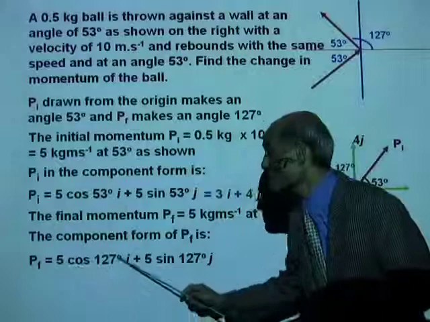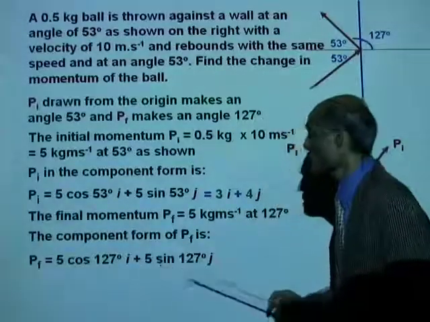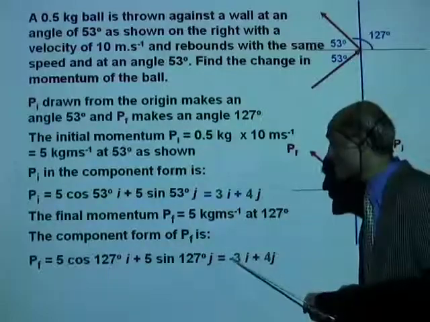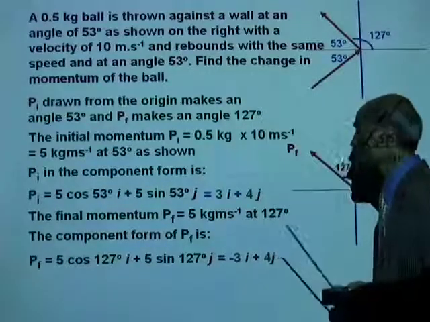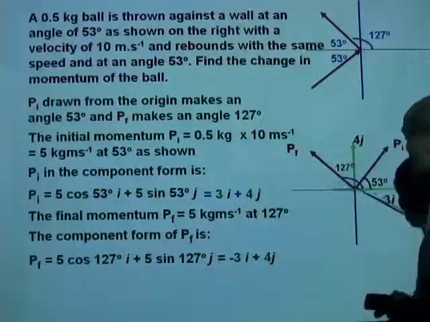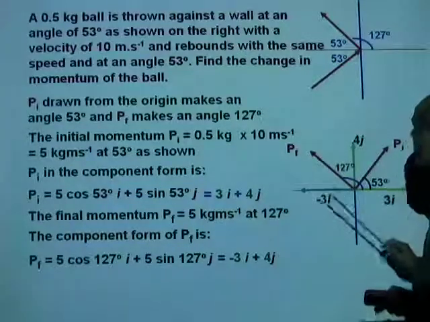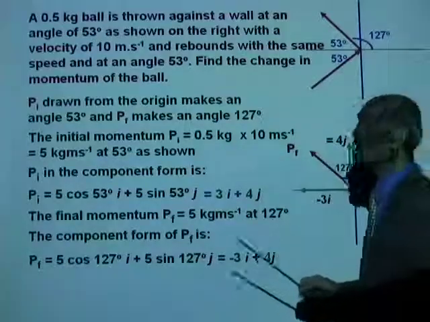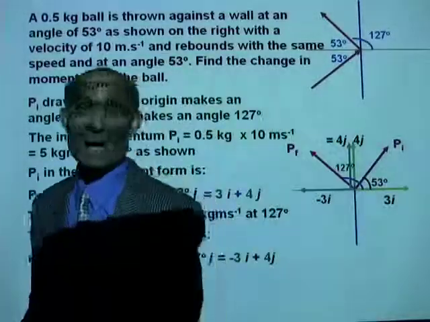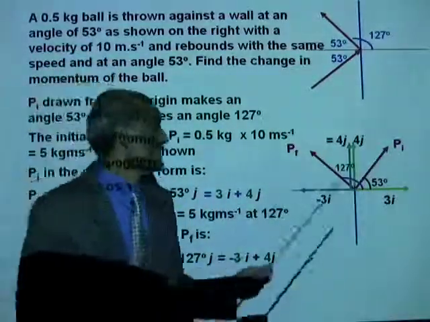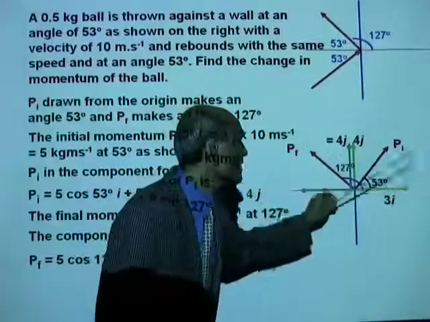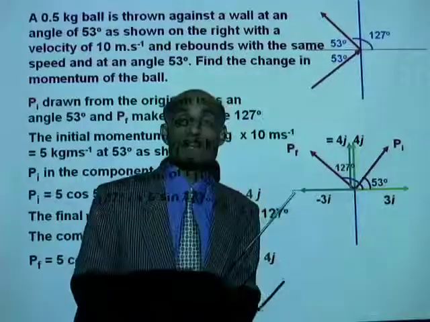And using the values of cos 127 and sin 127, you get it as negative 3i plus 4j. The x component of this is negative 3i and the y component is 4j. And now, we have broken these vectors into their x component and y component.